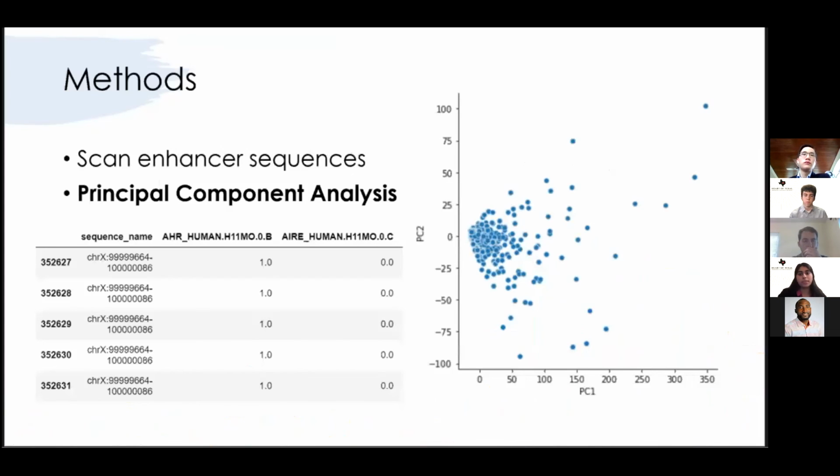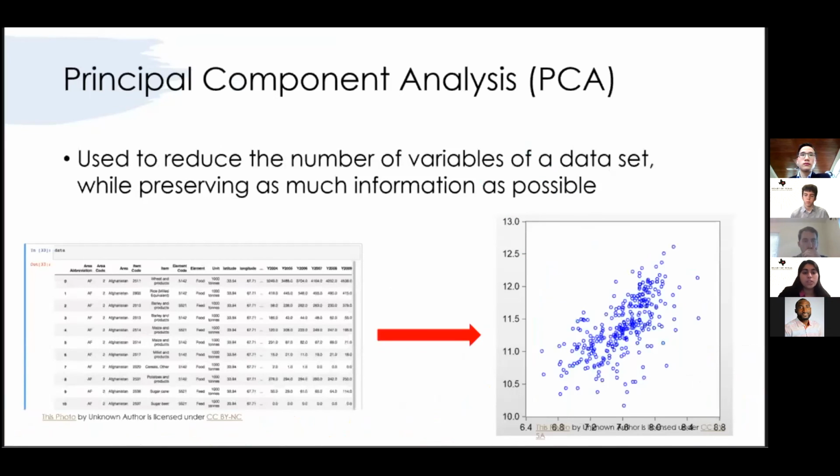The second method we used to analyze our data was principal component analysis. Principal component analysis, or PCA, is a dimensionality reduction method that is often used to reduce large data sets by transforming a large set of variables into smaller ones that still contain most of the information from the large data set.